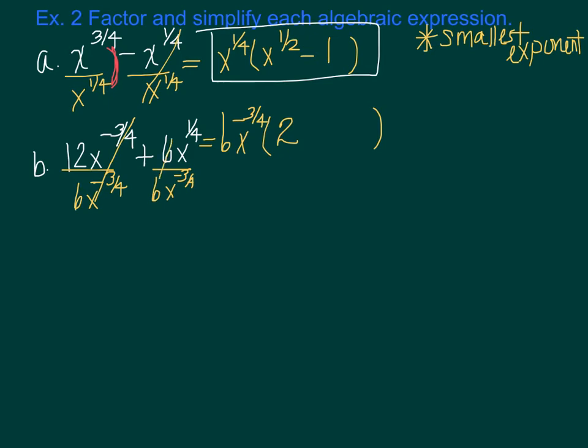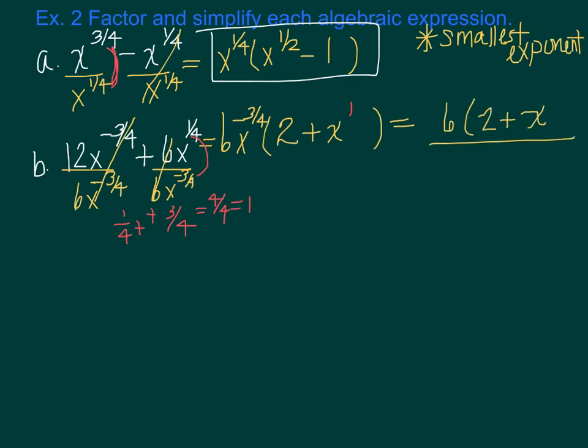Your second term, 6 divided by 6 is 1. And this will be x to the, remember you're doing 1/4 minus negative 3/4 gives you 4/4, which is 1. So this is x to the first power. Now, because this term is negative, it has to go on the bottom so it remains positive. You don't want negative exponents.